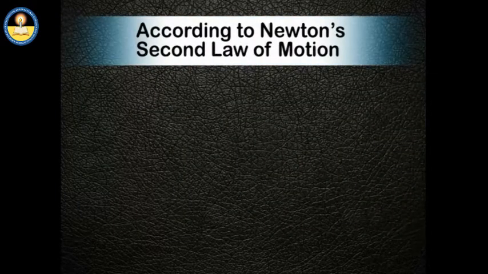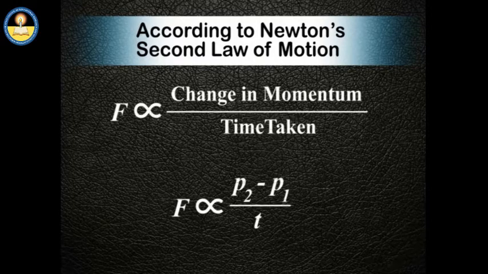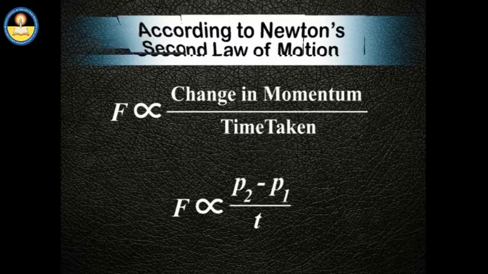In order to measure the quantitative effect of force, Newton introduced the concept of momentum. According to Newton's second law of motion, the time rate of change in momentum of an object is directly proportional to the external force applied on it, and the change in momentum is in the direction of the force.